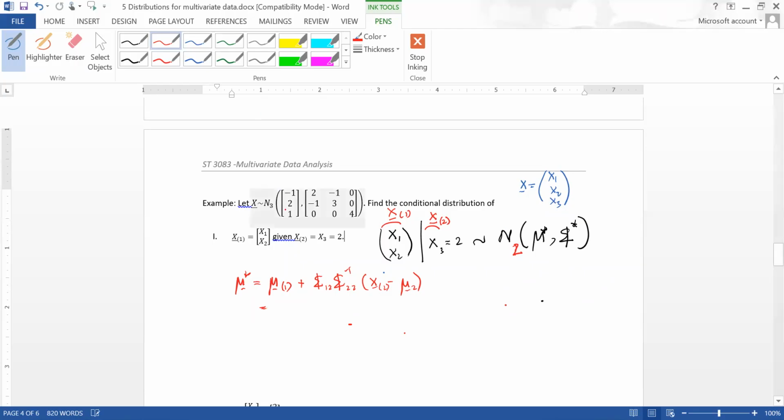So you know from partitioning, here's the place you have to partition, because it's x1, x2 versus x3. So that's what you have to get.